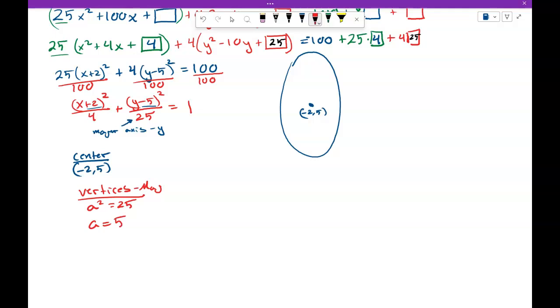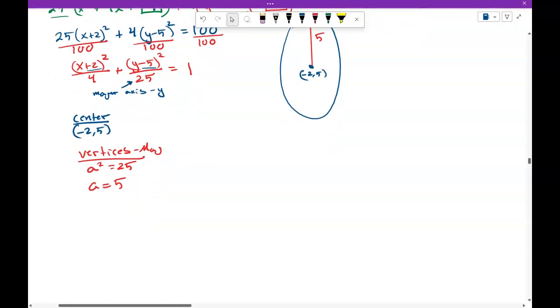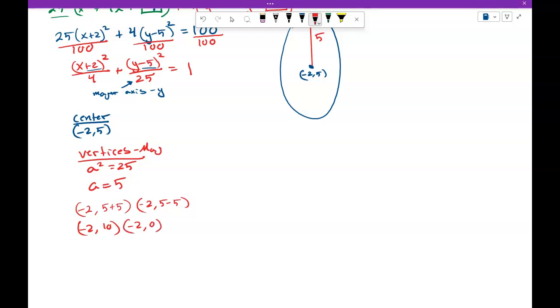So along the major axis, our vertices are going to be 5 units above and below. 5 units up, 5 units down. So we take our original point and we're changing the y value. We go 5 units up from our center, and 5 units down from our center. That gives us negative 2, 10, and negative 2, 0 for the location of our major axis vertices.